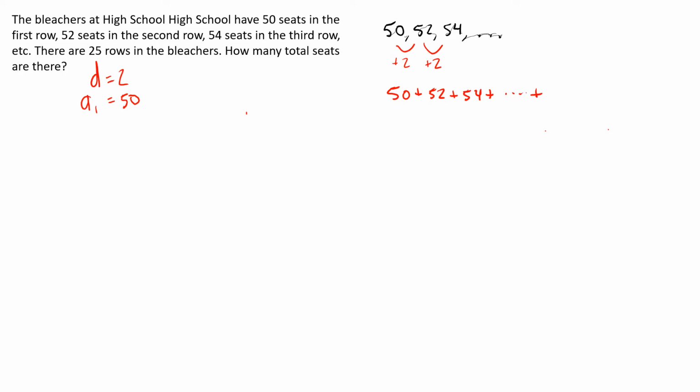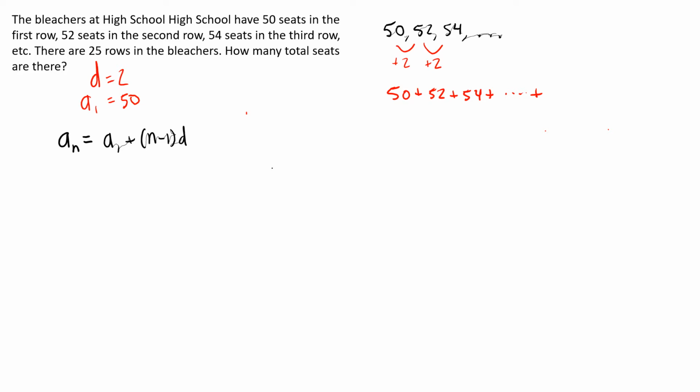In order to find the last term, we need to first generate an equation that gives us a way to find that last term. The general term of an arithmetic series is given by a sub n equals a sub 1 plus the quantity n minus 1 times the common difference d.